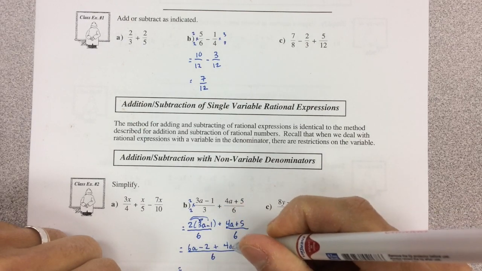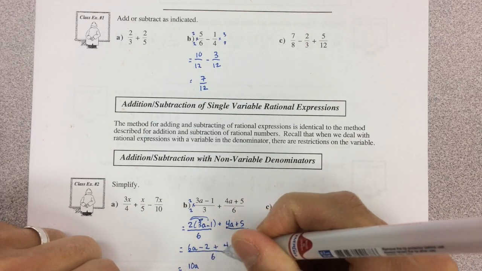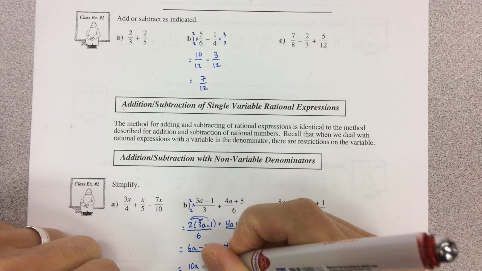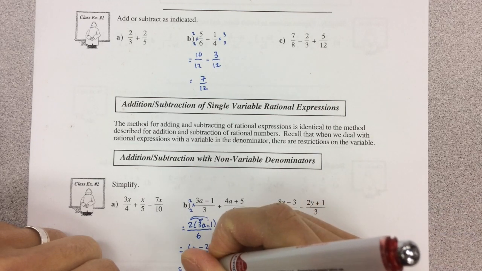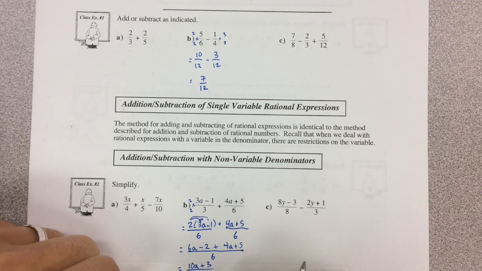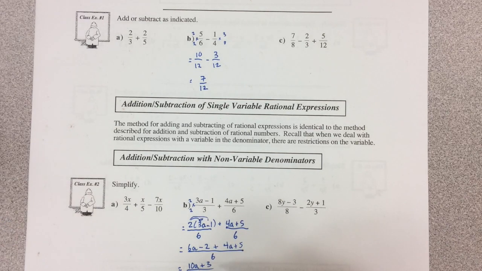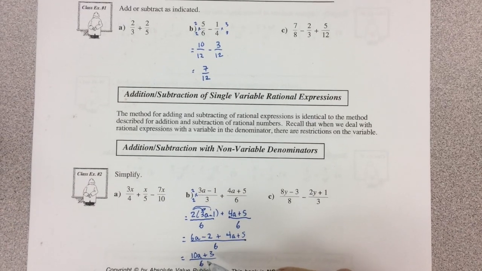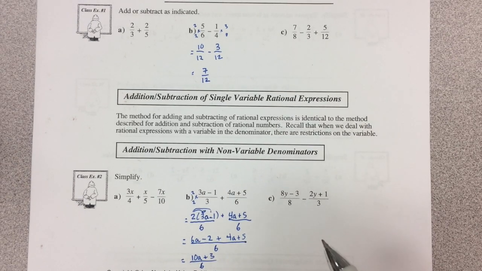So 6a plus 4a is 10a. Negative 2 and positive 5 would leave me with positive 3 over 6. If I don't have any other factors within these terms that I can pull out, then I'm just going to leave it as is. In this case, I can't simplify anymore.